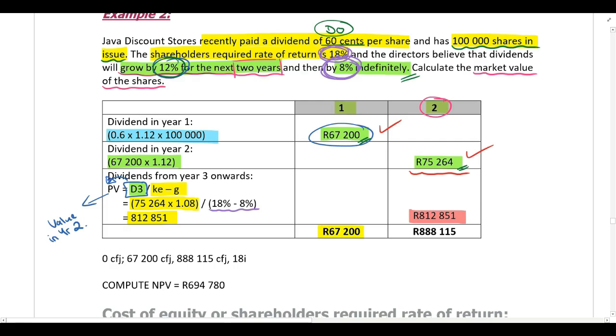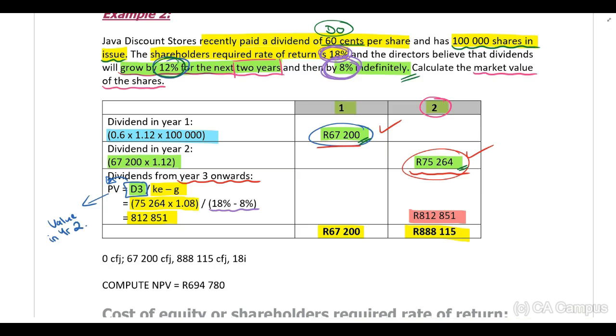We can then total these columns, and please note you can now check. We've now taken everything into account. We've considered the dividend for year 1, we've also considered the dividend for year 2, and in addition to that, we've performed a perpetuity calculation which takes into account the dividend from year 3 onwards. So we are considering all of the dividends for this company.